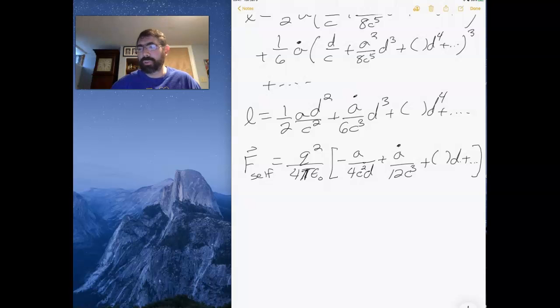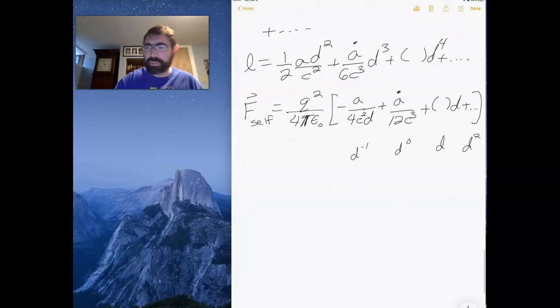So we're basically going from a 1 over d to a d to the 0, so this is the d to the minus 1 term, d to the 0, d squared, all things like that.